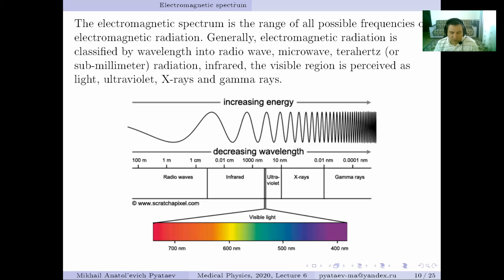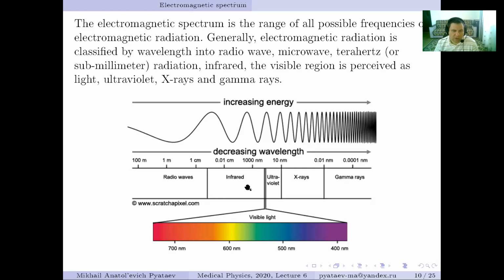In solid state physics, there are a lot of attempts to obtain a good emitter which works in the terahertz range with wavelengths of a few millimeters. And this can be helpful from the medical application point of view, because it is another type of transmission radiation which is not ionizing, which can allow us to create new diagnostic tools.